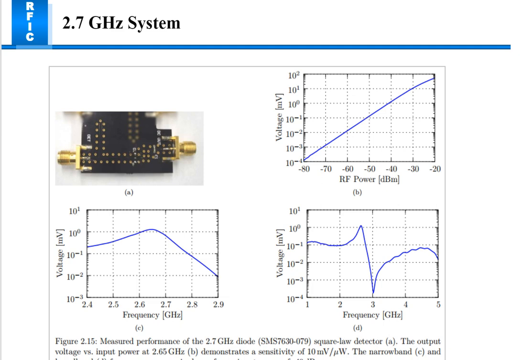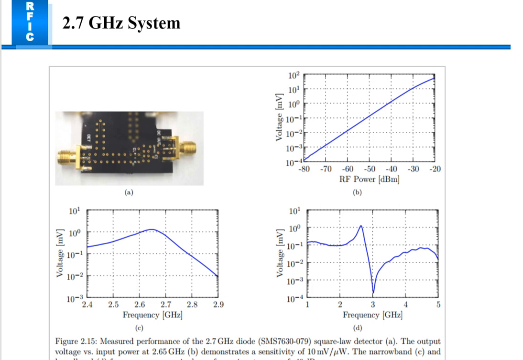The RF choke was designed by a meandering RF shorted stub, and this was developed and researched in the same institute. Skyworks Schottky diode was used, the same as used in the previous 1.4 gigahertz system.